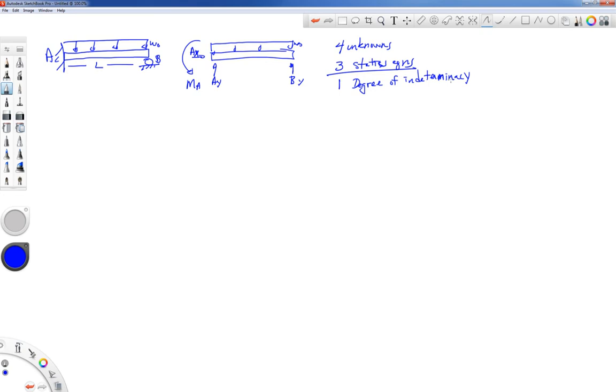If we have 4 unknowns and 3 static equations, that's 1. If we have 5 unknowns and 3 static equations, that would be 2 degrees of indeterminacy, and so forth.